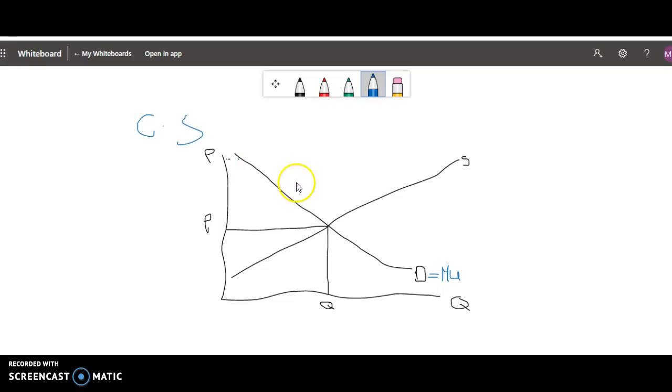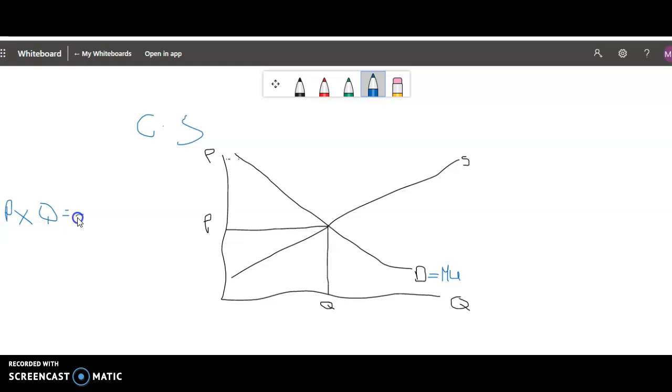When we talk about consumer surplus, in this market, if the price is P and the quantity is Q, then P times Q equals consumer spending, not to be confused with consumer surplus. So I'll just write this here, P times Q equals spending.